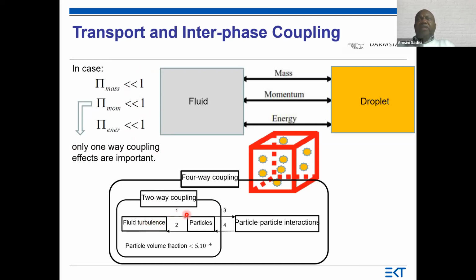If there is a coupling in this term or this one, we have a two-way coupling, and we can also have four-way coupling if there are in addition droplet or particle-particle interactions.